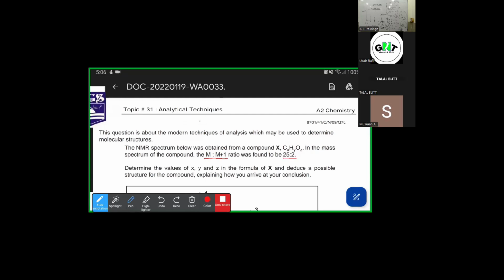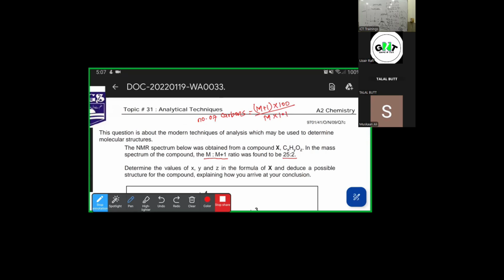So I told you by using the M and M plus 1 ratio yesterday, you can find out the number of carbons from a compound. So number of carbons, that is equal to M plus 1 into 100 divided by M into 1.1. I told you this formula yesterday.